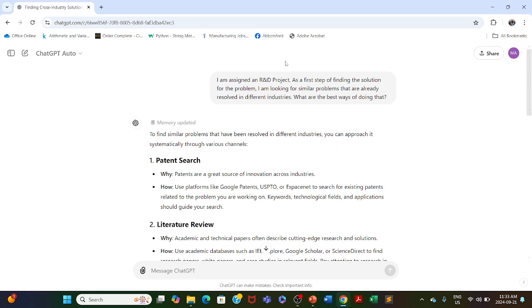In ChatGPT, I have written down this prompt where I'm assigned an R&D project as a first step of finding the solution for the problem. I'm looking for similar problems that are already resolved in different industries. What are the best ways of doing that?